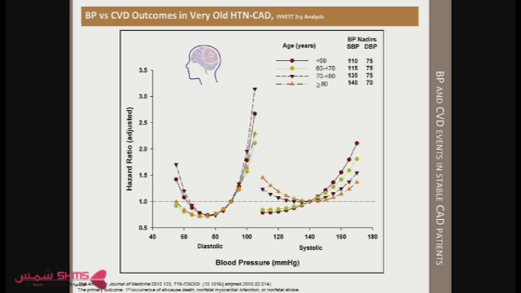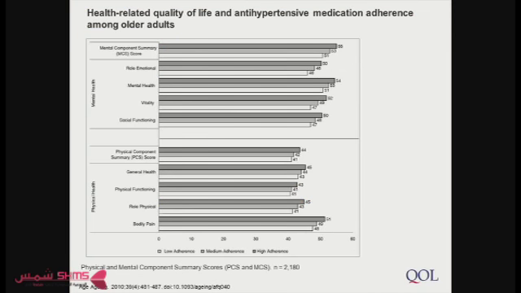And if I am just below 70, that's great, I may be fine to reach it. But once I'm 75 or plus, there is a chance that it is not the lower the better, but the lower will be the worse if I get below 130. So a very cautious approach has to be given to our elderly once they are around 70 years plus of age, to go below 130. This is very crucial. I have to put it in mind.